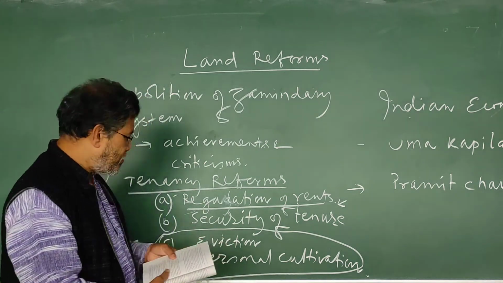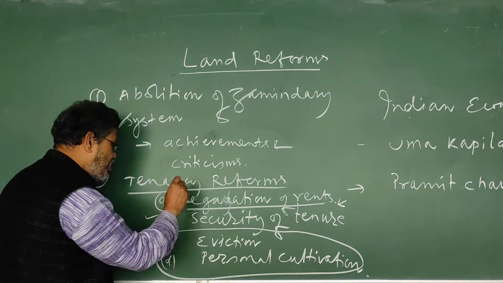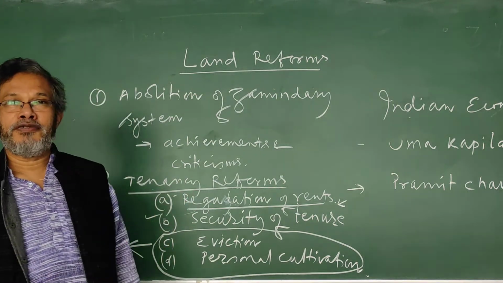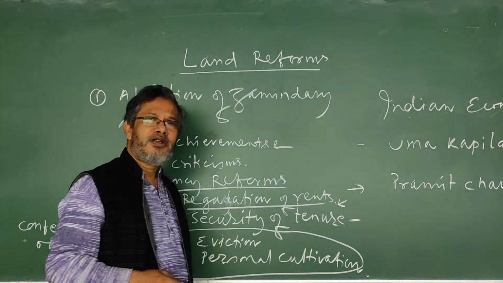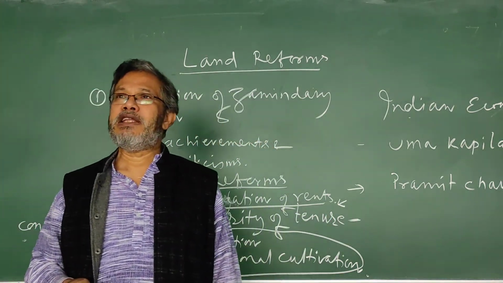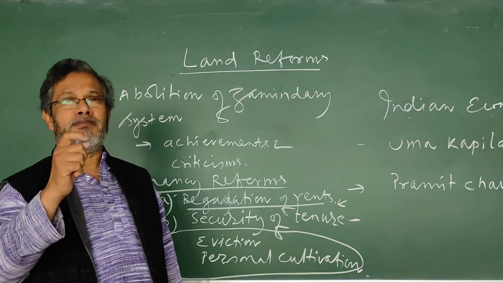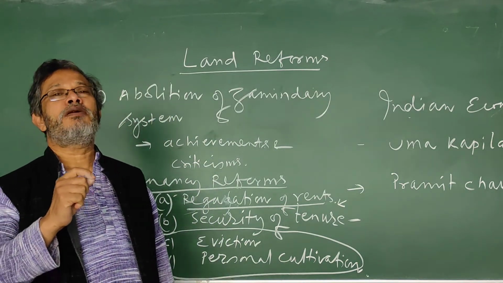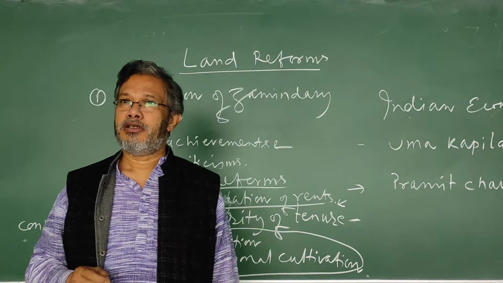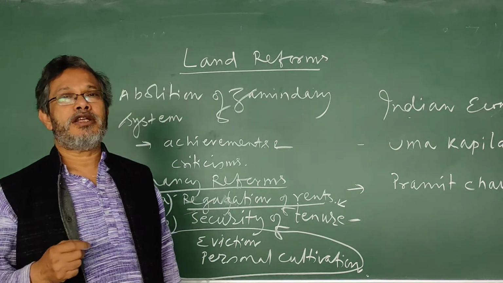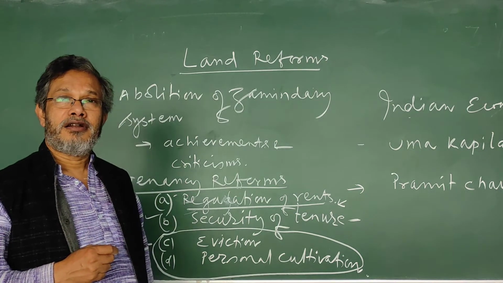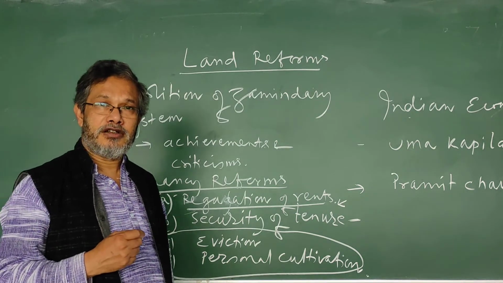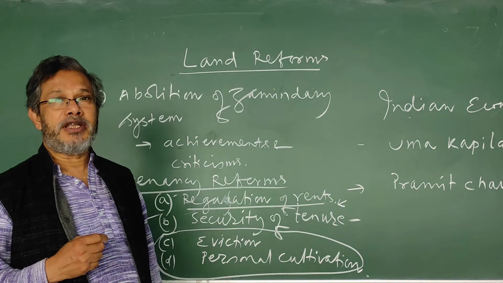Next we talk about security of tenure. What is this security of tenure? Security of tenure means the term, or the number of years, for which a tenant will cultivate the land. The right of a tenant to cultivate the land is for how many years?